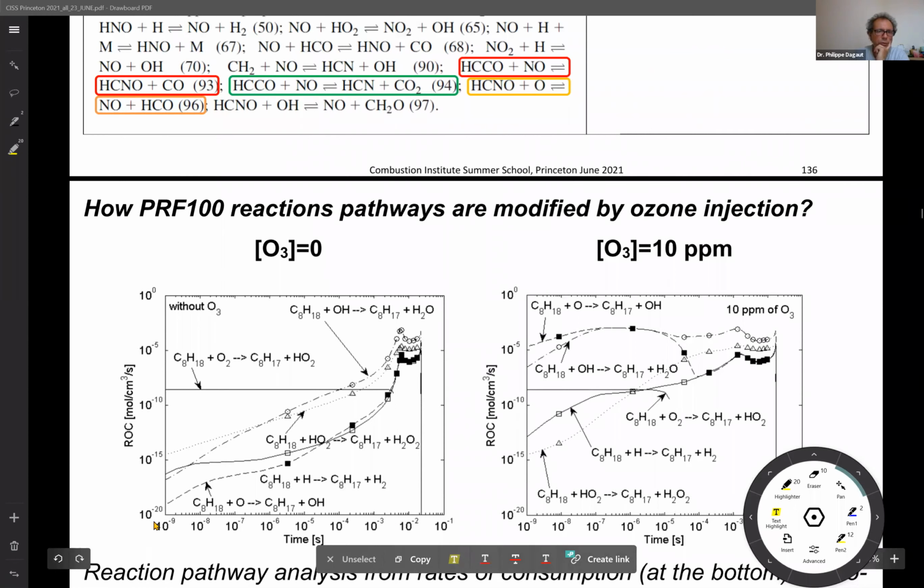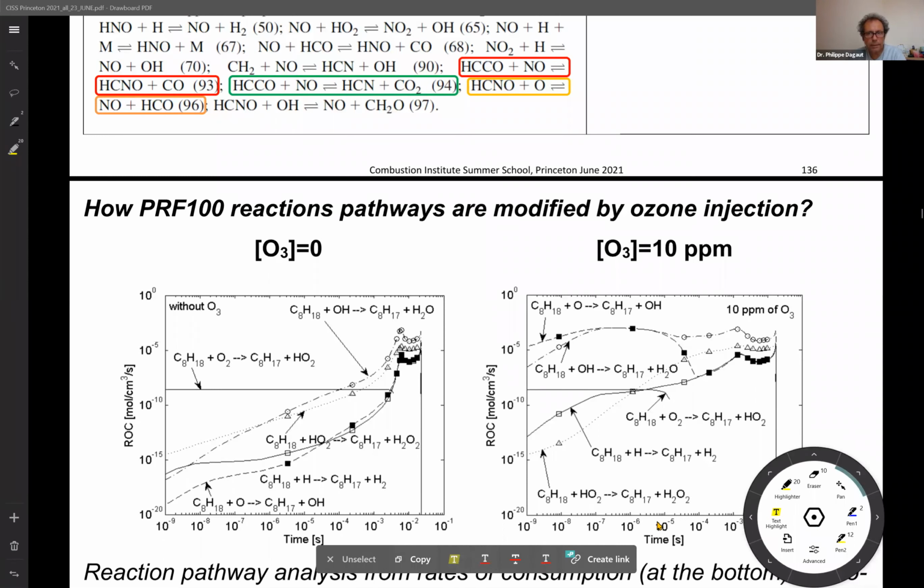There is a slow oxidation going on with HO2, a bit with H atom, a bit with oxygen atom, and there should be also the reaction with OH. It's relatively slow. And once you introduce 10 ppm, 10 ppm is a very small quantity of ozone.